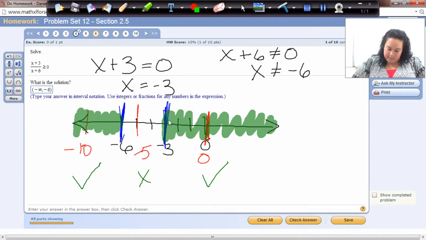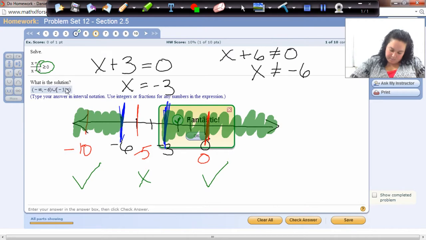And then for the next region, union, and then from negative 3 all the way up to positive infinity. But one thing right here, we need to make sure to put a bracket because this is including, so just be careful about that. So including because of the greater than or equal to symbol. Let's go ahead and press enter.